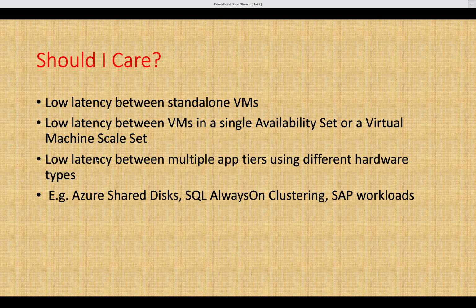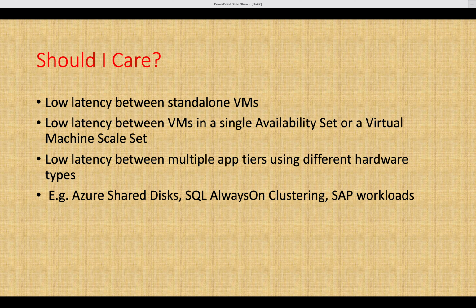Should I care? Well, we should care if your application demands low latency between standalone VMs, virtual machine scale set VMs, or the VMs that are part of an availability set. You could also have a scenario where you could have a 2 or 3 tier application, like web tier, application tier, database tier with the different hardware types.